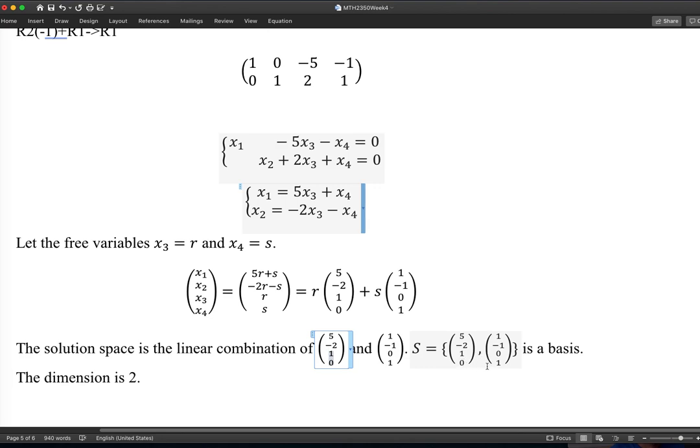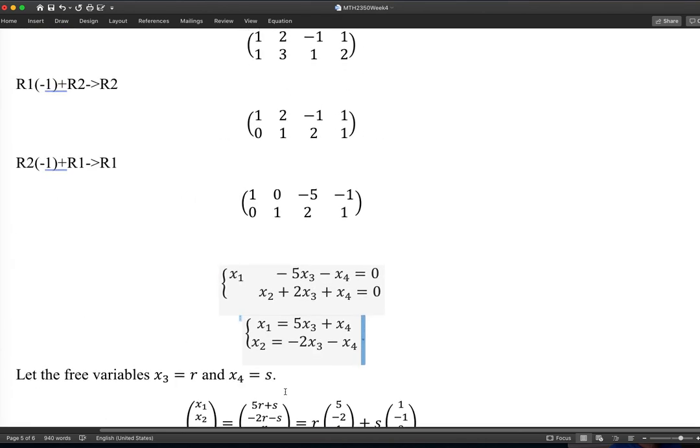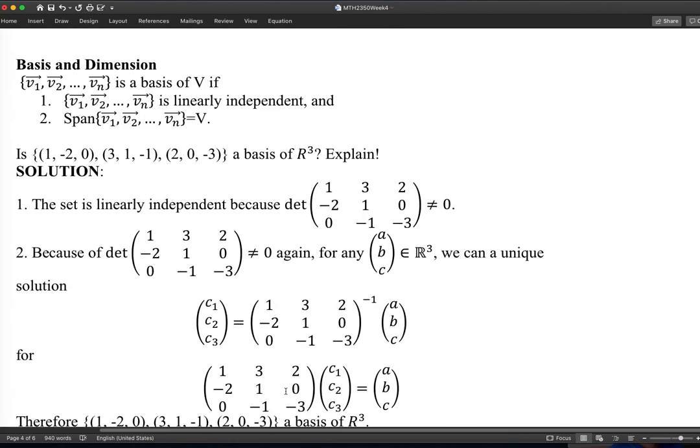There are 2 vectors in the basis, so the dimension of the solution space is 2. I think this concludes the discussion of section 3.6, basis and dimension. Thank you for watching.